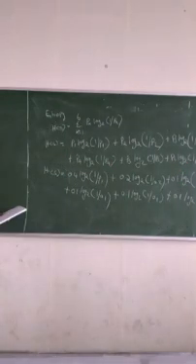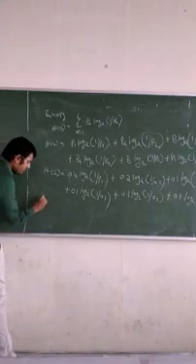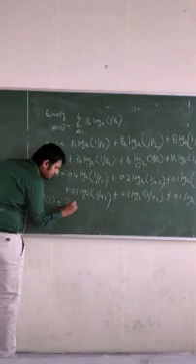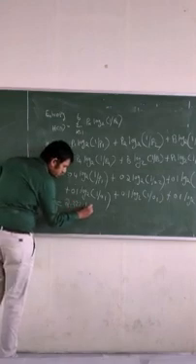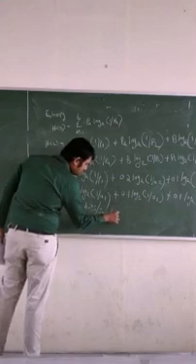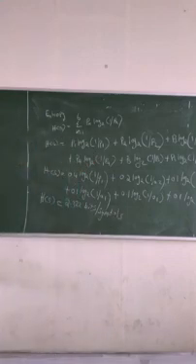When you solve this for entropy, you will have H of S equal to 2.322 bits per symbol.